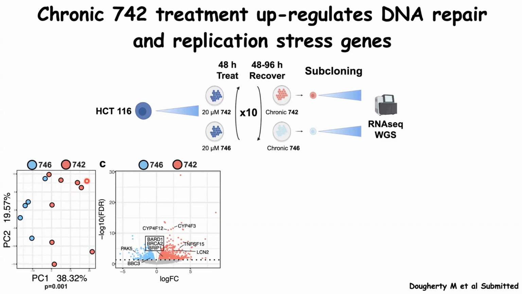Every single dot is a different clone that we produced that was exposed to the active molecule or inactive. You could see the transcriptome by PCA, quite different. And this transcriptome was measured 30 days after exposure. So this is a memory imprinted in the cells that makes it very unique in terms of transcriptional profile.